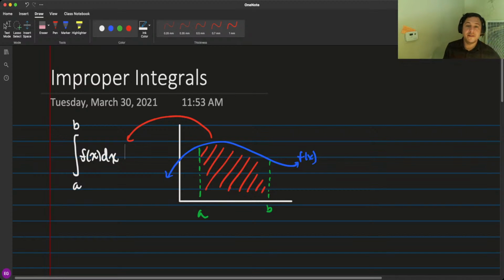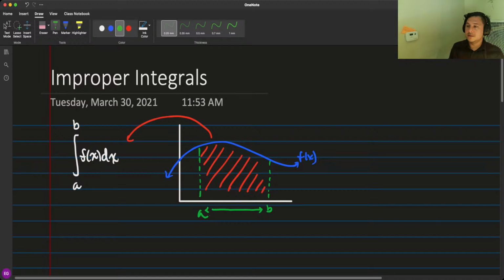It's called a definite integral because you have a definite region over which you are accumulating area, between a and b.